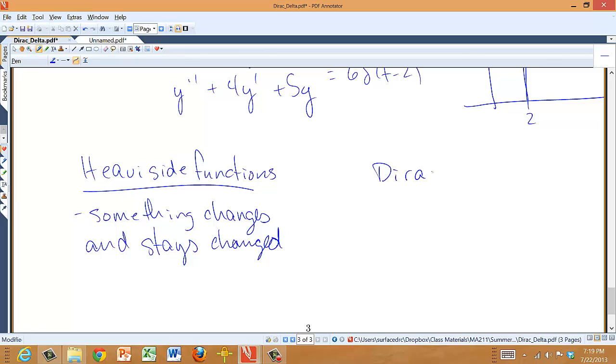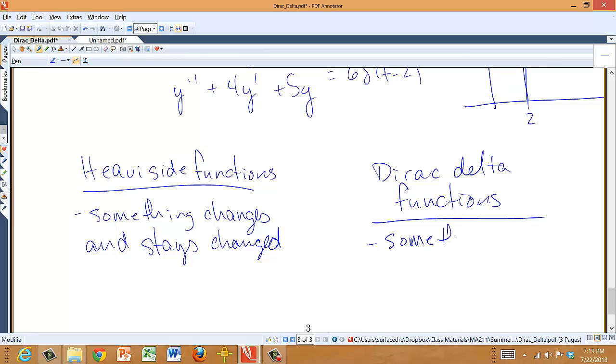Dirac delta functions: something is temporarily infinite, just for one instant. So something happens instantaneously.